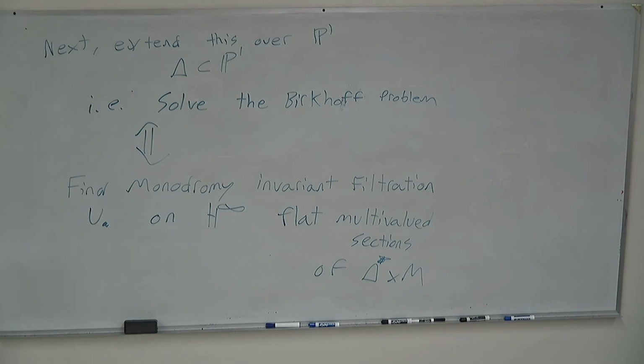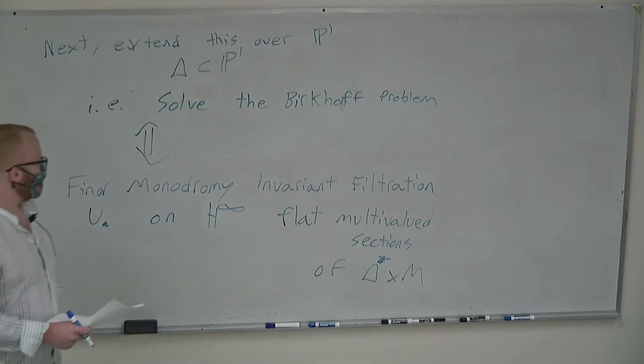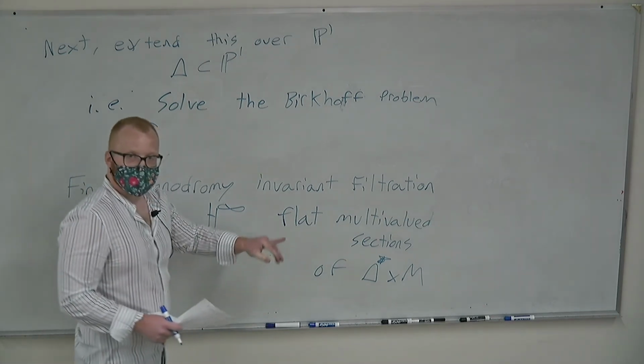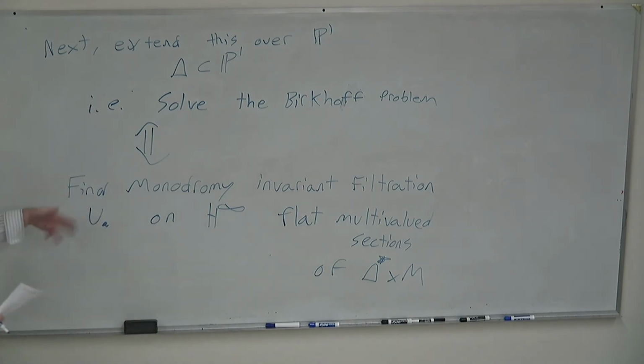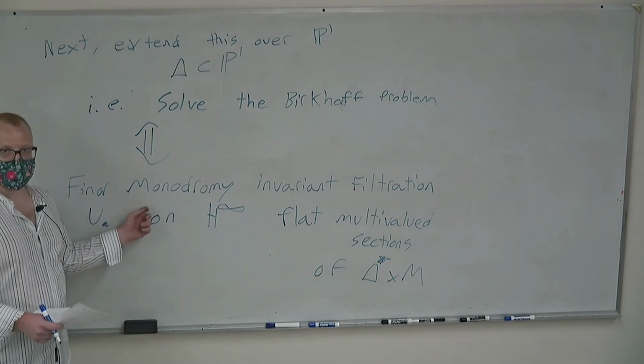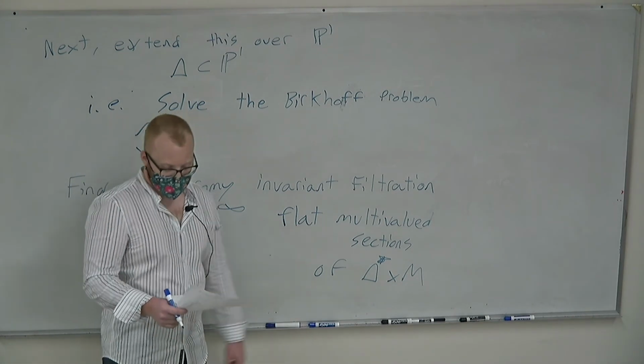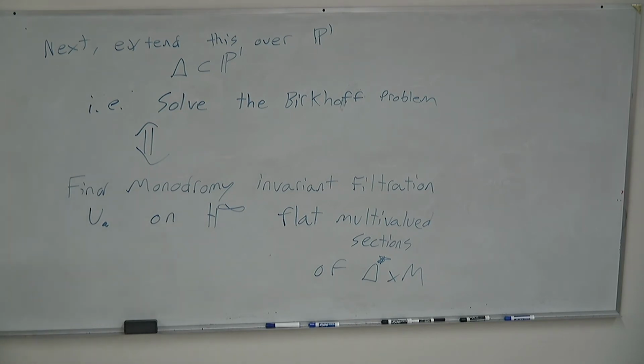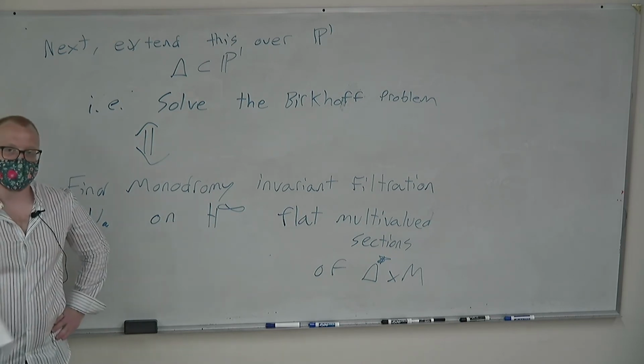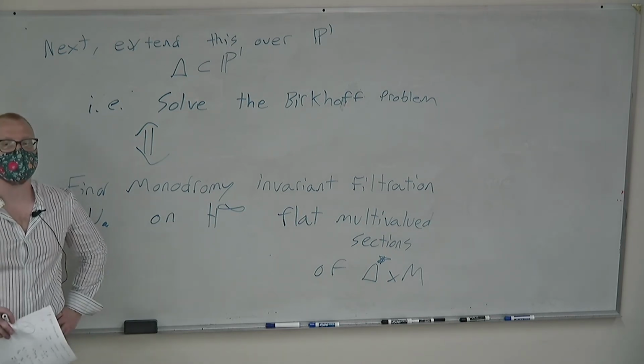It looks like I'm just about out of time. So maybe I'll say something quick about the rest of the program, where you'd go from here. After you find this monodromy invariant filtration on the flat multi-valued sections, you get this extension. Once you have this extension, you can think of the residual endomorphism at infinity.